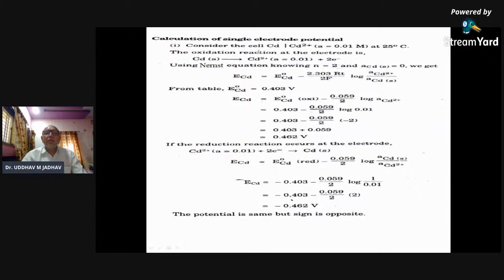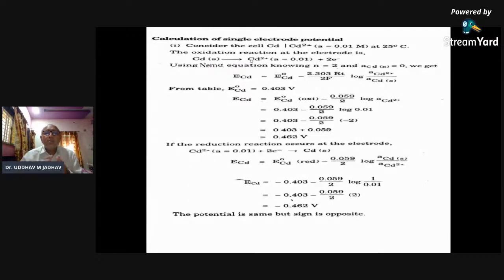Consider the electrode. What is it? Cd, dipped in a solution of Cd2+, having activity a equal to 0.01 molar at 25 degrees centigrade. First of all, you write the electrode reaction whenever you are asked to calculate the EMF of a cell or electrode.